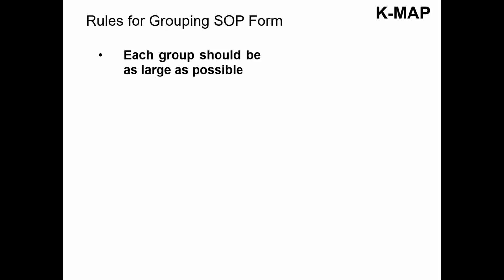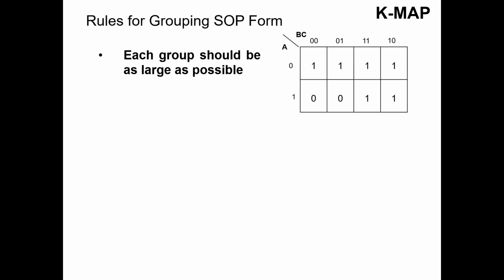Each group should be as large as possible. Here we have made a group of 2 ones, but the possibility here is to make a group of 4 ones. So we cannot make this group. This is wrong. We have to make a group of 4 ones in this particular case.